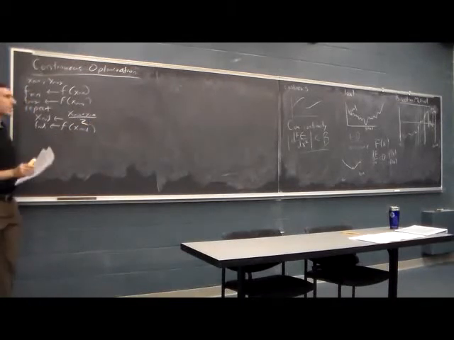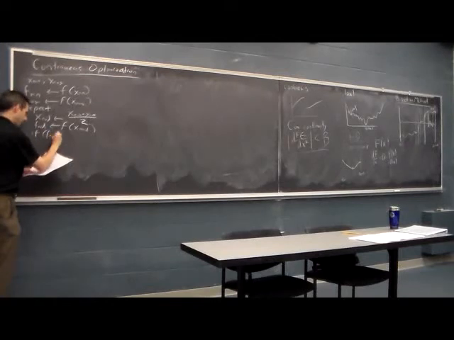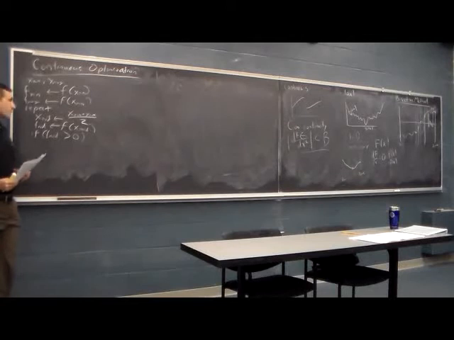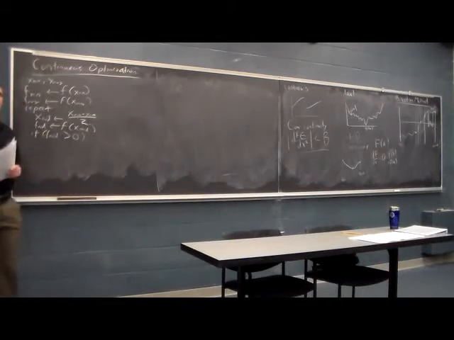And then we're going to ask whether f-mid is greater than or less than 0. Of course, it might be exactly 0, but let's just say we'll test if it's greater than 0. If it's greater than 0, what should we do?